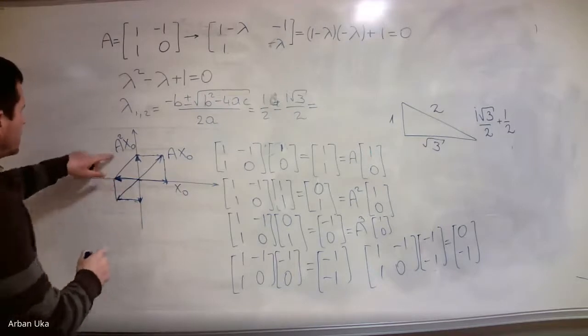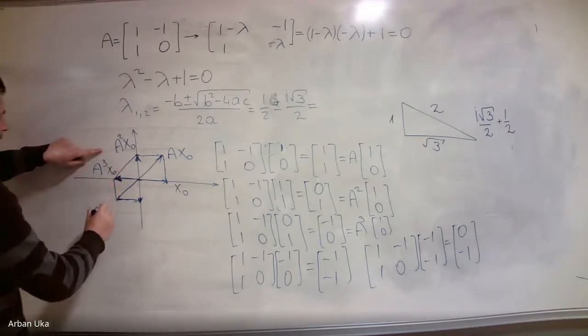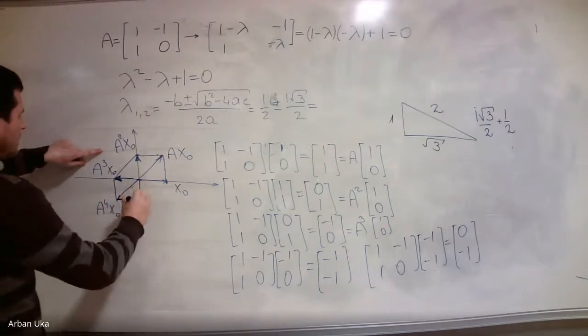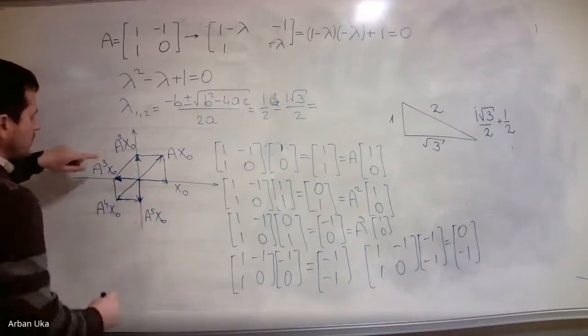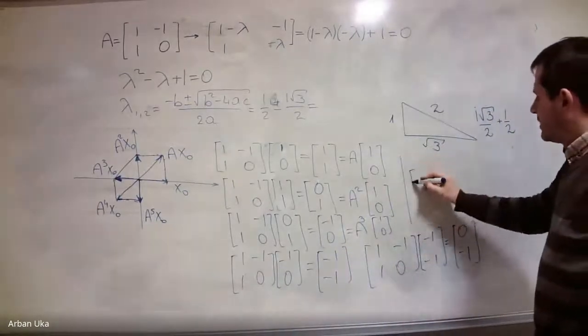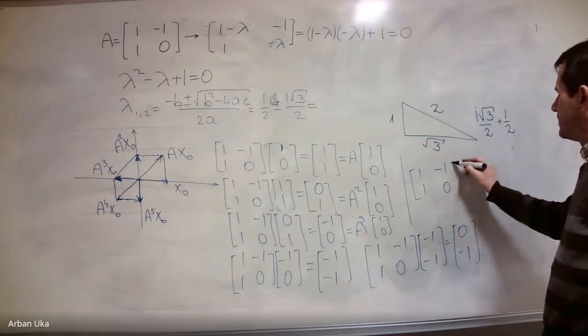And by the way, this is a squared times x0. This is a cubed times x0. This is a to the power 4 times x0. Here we have a to the power 5 times x0. And then let's multiply again. We have 1, -1, 1, 0.